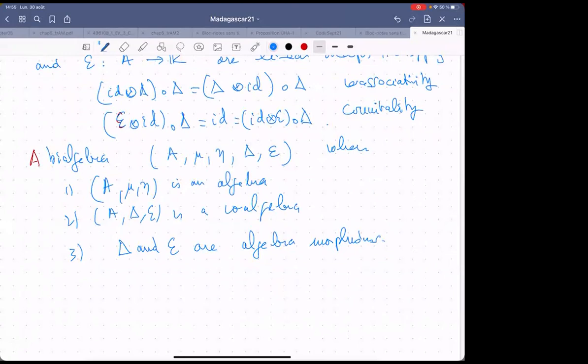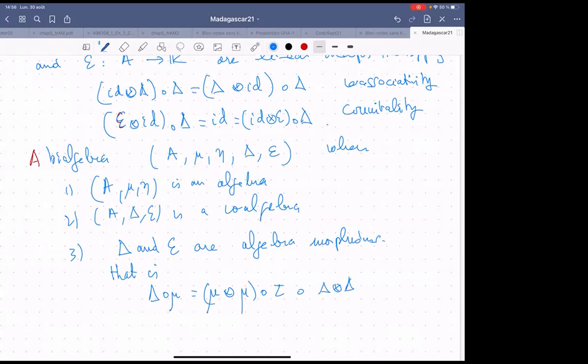That is, delta composed with mu should be mu tensor mu composed with a flip tau composed with delta tensor delta.